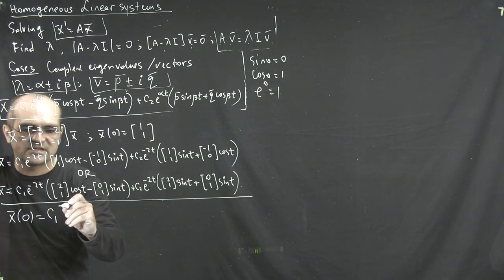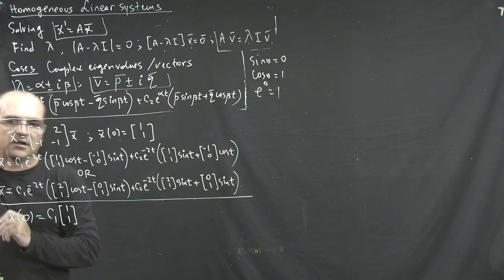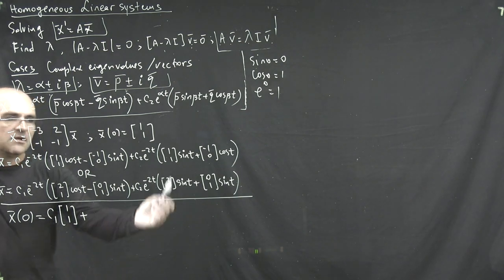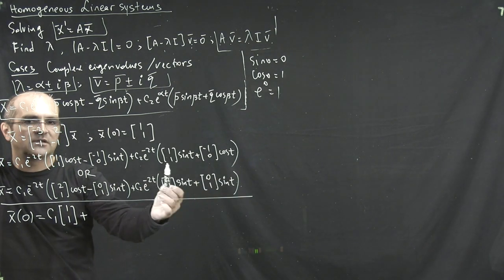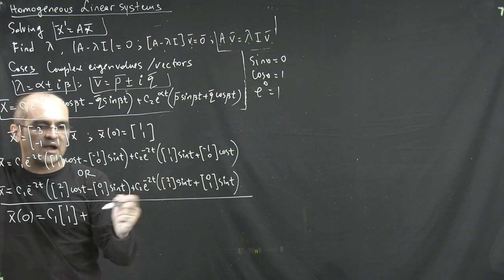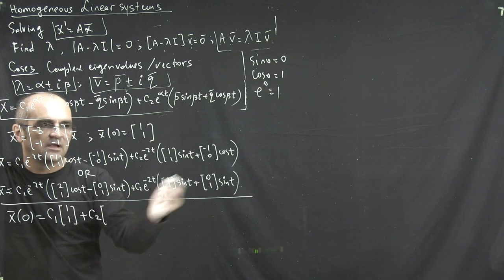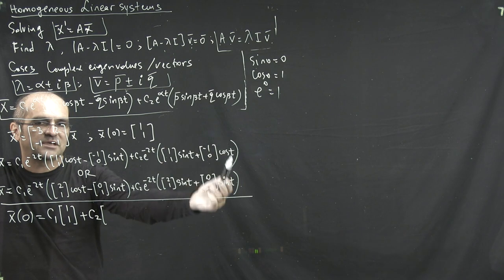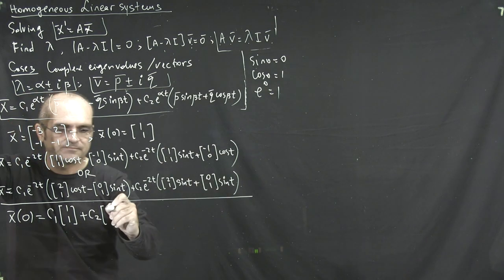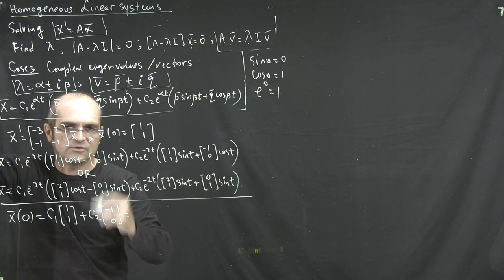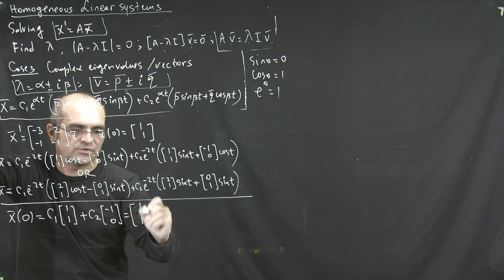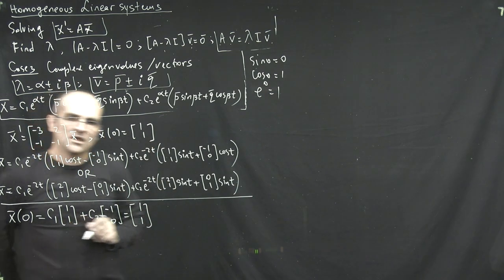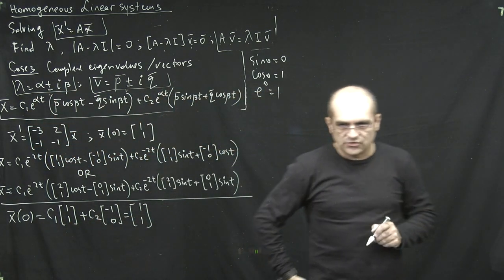So you're left with c1 times 1, 1, and then plus, let's see what survives in the second component. e to the 0 again is 1, so that's c2. Sine of 0 is 0, that goes away, and you're left with -1, 0, because cosine of 0 is 1. Then you set that equal to the initial condition, which is 1, 1 in my case. So you form a system in C1 and C2 just like before.